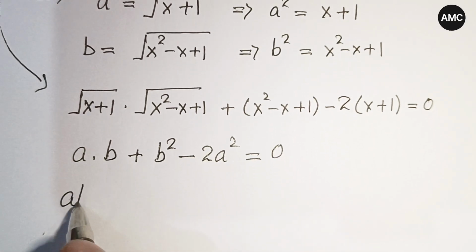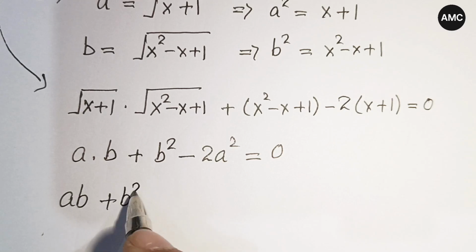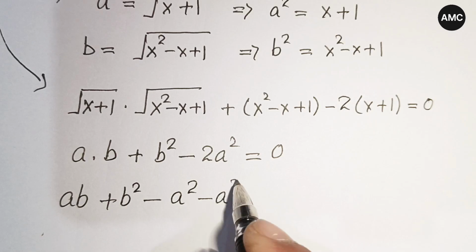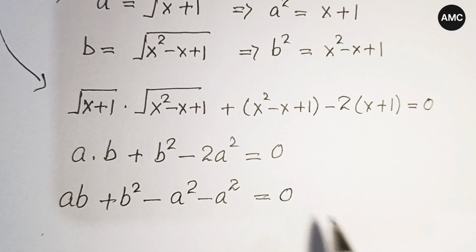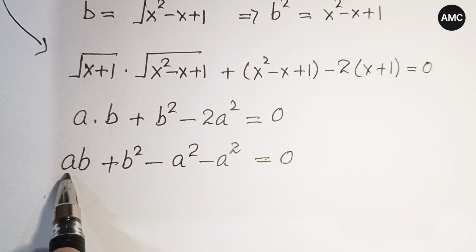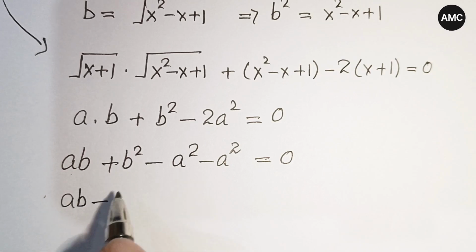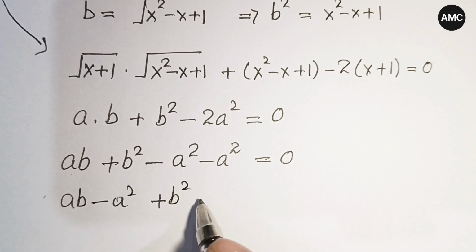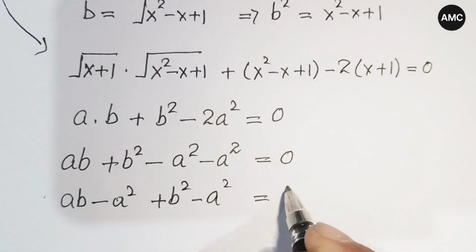Now a times b plus b squared minus 2a squared is written as minus a squared and minus a squared, is equal to 0. If we combine this a times b with minus a squared, we have a times b minus a squared, and plus b squared minus a squared is equal to 0.